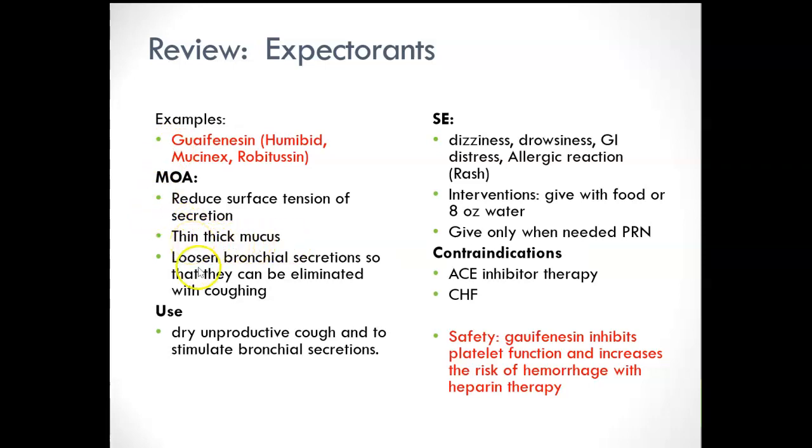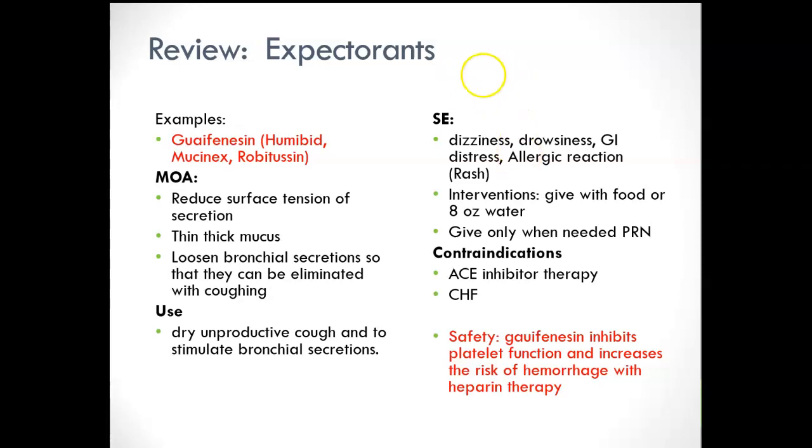And so it can loosen bronchial secretions, which is great because then it can help get them up. It is used for dry, unproductive cough and to stimulate bronchial secretions. I personally recommend it with a cold. But you also have to take a lot of water when you're taking it, because it is relying on thinning out secretions. So it's relying on having water to work.